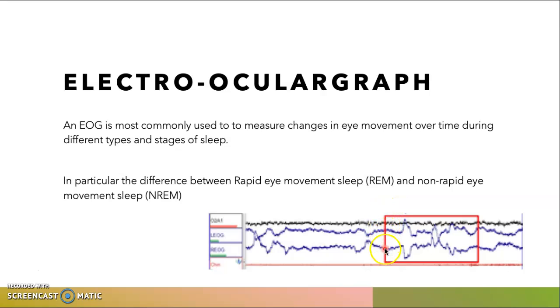And here you can see the graph that we get from an electro-ocular graph. And you can see here, this is your left eye, and down here is your right eye. And hopefully what you're noticing is they're mirror images of each other. So as one eye is tense, the other eye is relaxed.